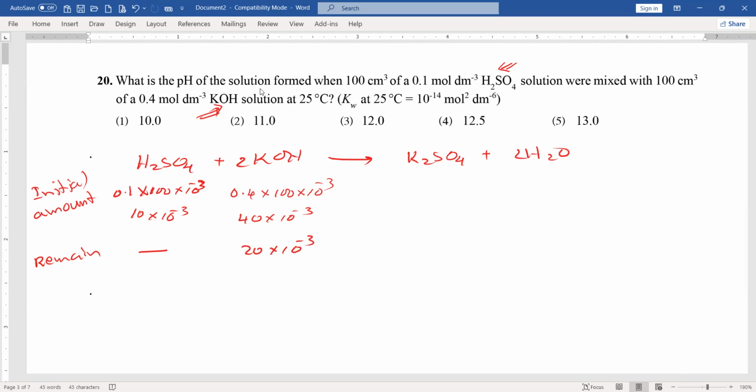Here we had 10 into 10 to the power minus 3 moles of sulfuric acid. Then what happens?